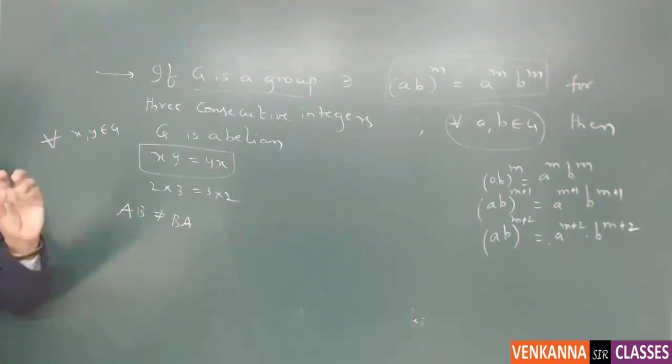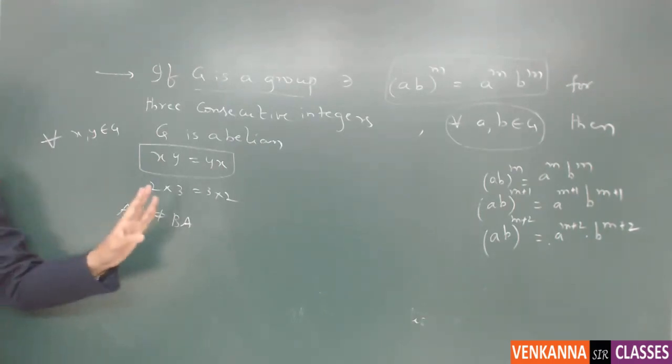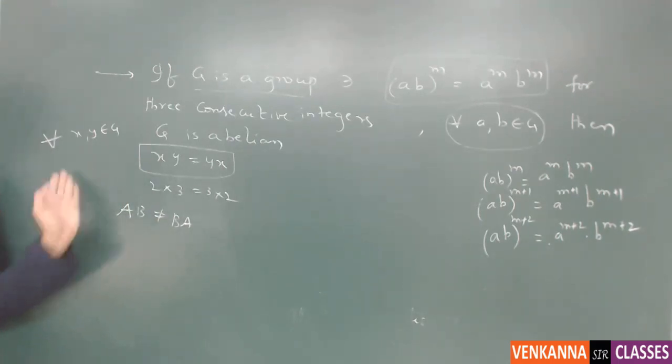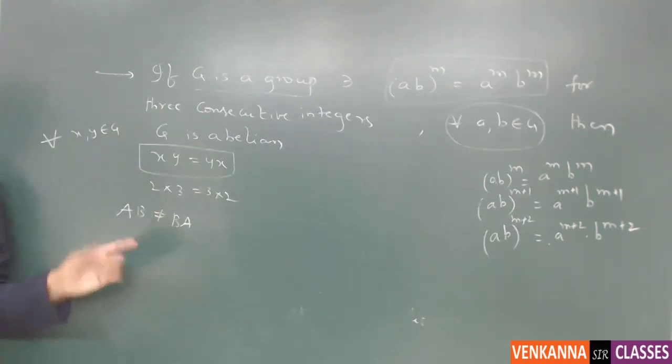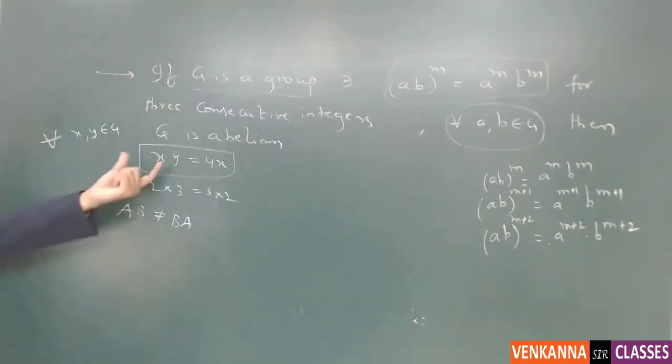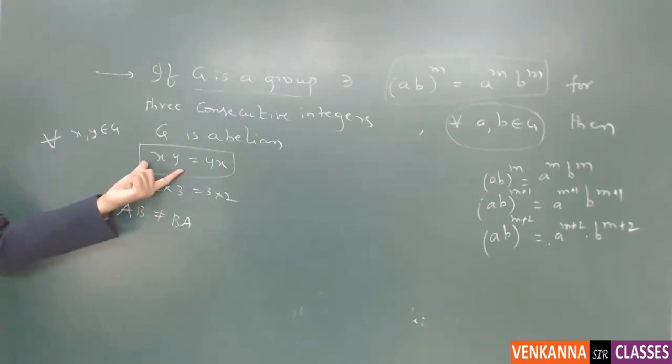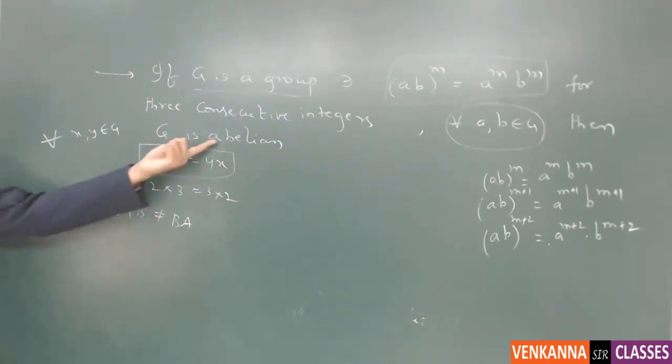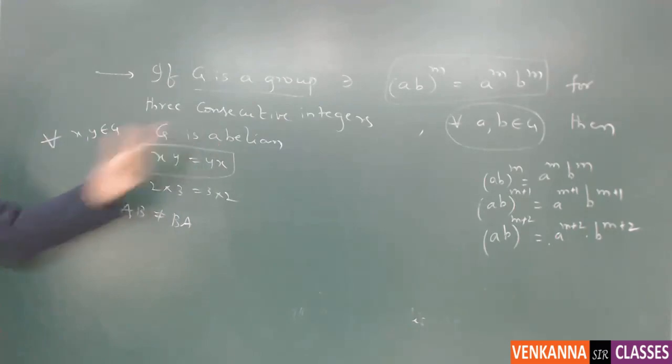Don't confine your understanding to numbers only. It is applicable everywhere whenever you have a set and an operation. Okay? So we have to prove that this property holds, so we can say that G is abelian.